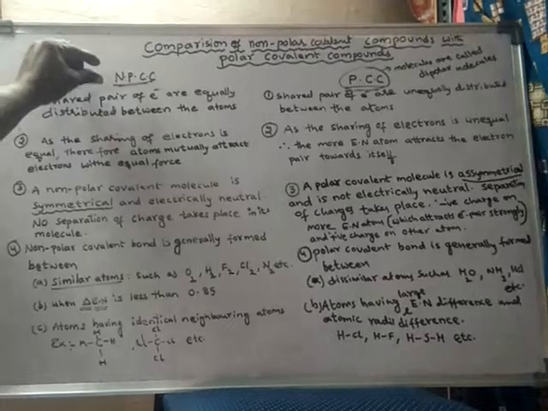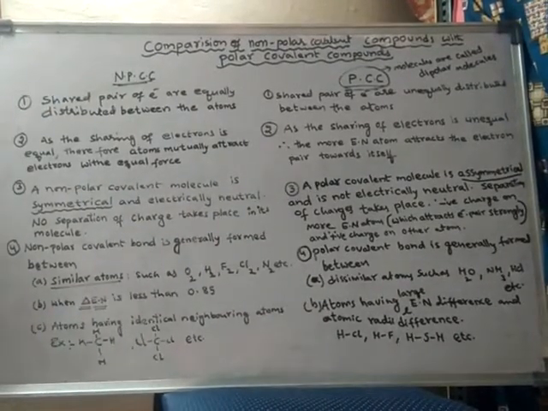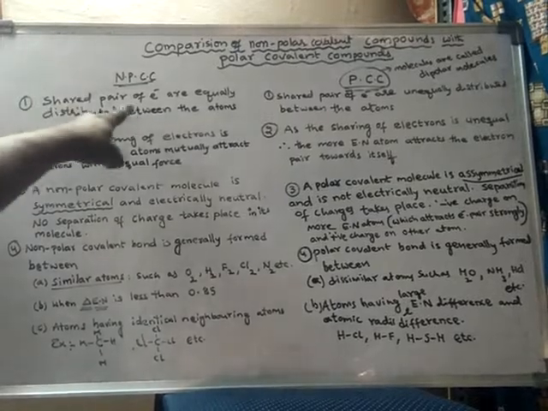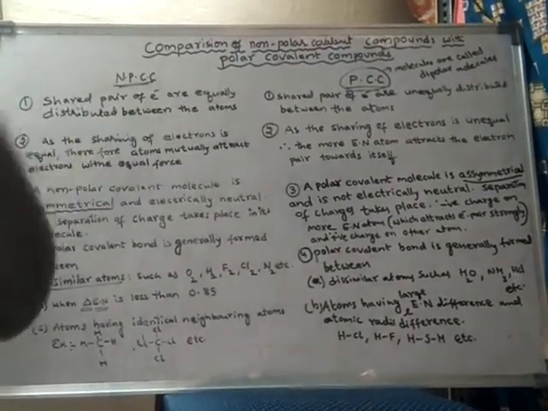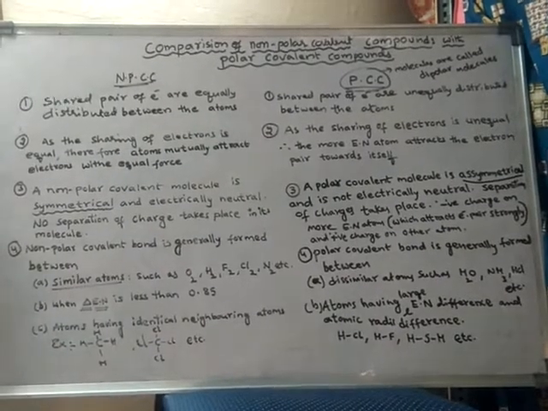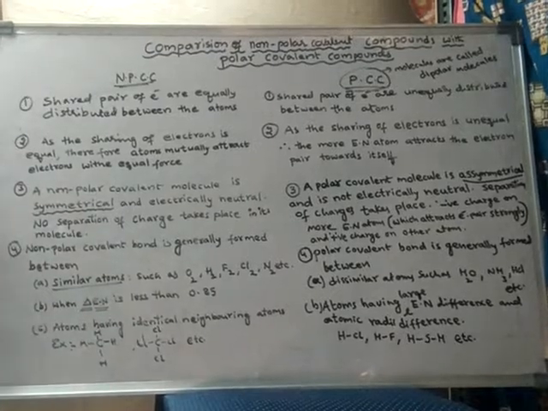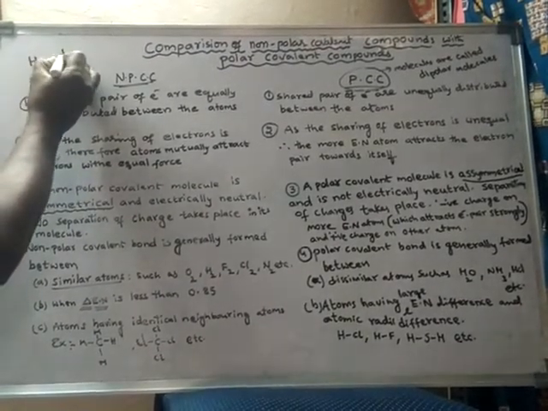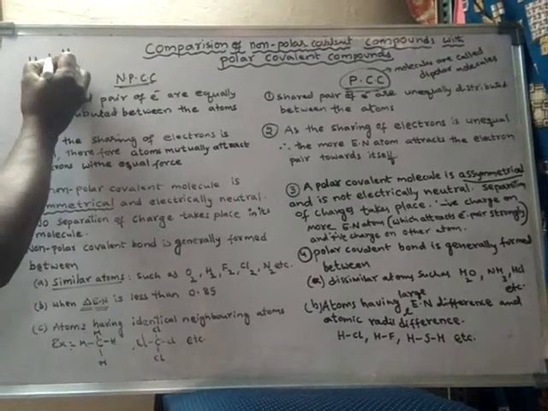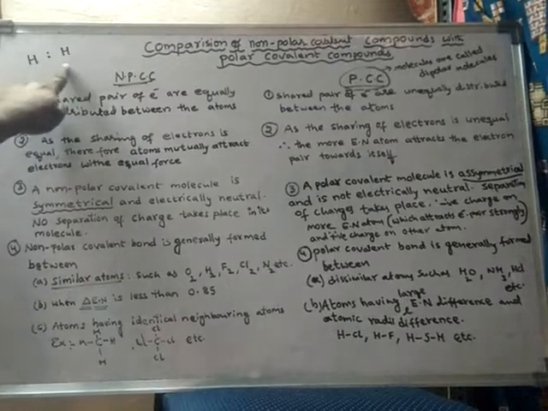First of all, in non-polar covalent compounds, there is a shared pair of electrons, and that pair of electrons is equally distributed between the atoms. For example, between two hydrogen atoms, this electron pair is shared by both the atoms equally.